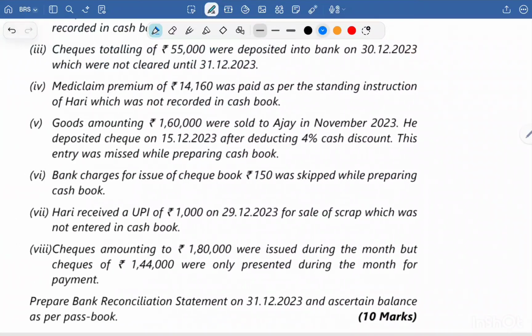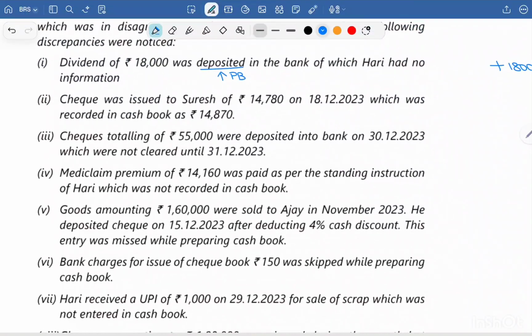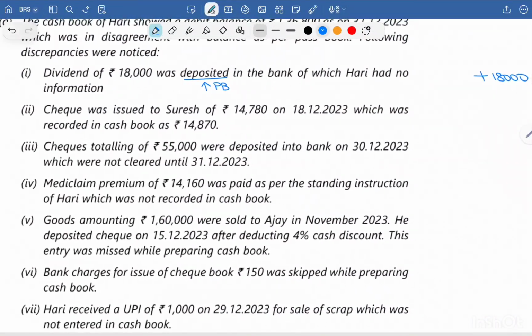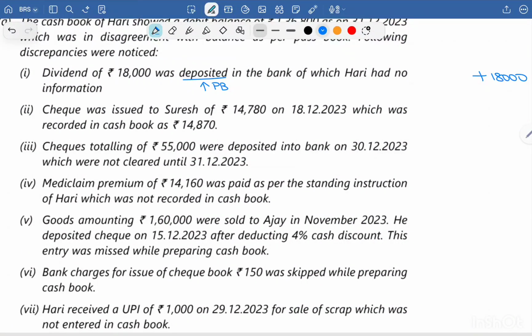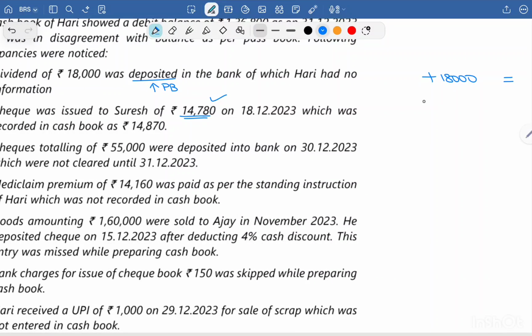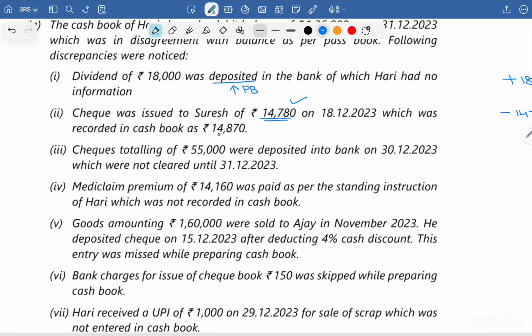Next, adjustment number 2. Check was issued to Suresh for 14,780 on 18/12/2023. This is the correct amount. So when Suresh presented this check in the bank, the bank paid 14,780 and made an entry in passbook of minus 14,780, but it was recorded in the cash book as 14,870.